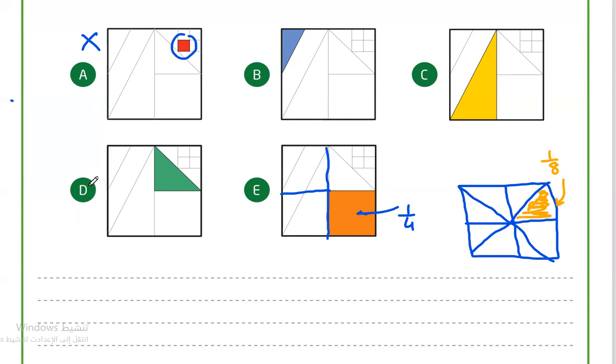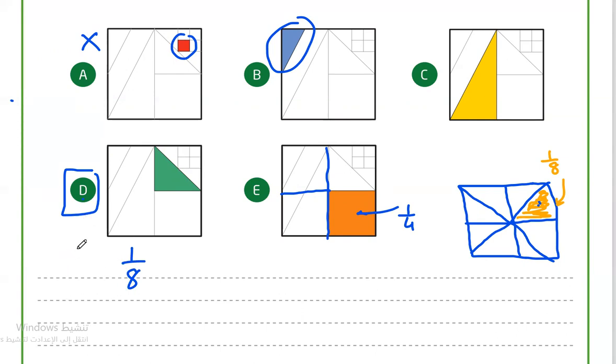Mariam, I can't hear you. Can you hear me now? Yes. I think the closest one is between D or B. Yes, D, not B. B is a small triangle here. And D is the same, half of the square. Here the triangle is half the square. So the answer for 1/8 is D.